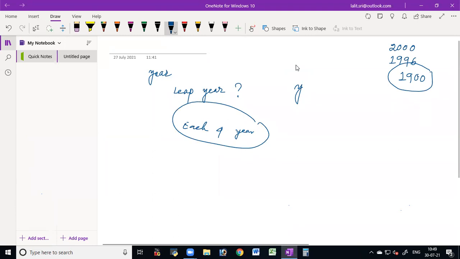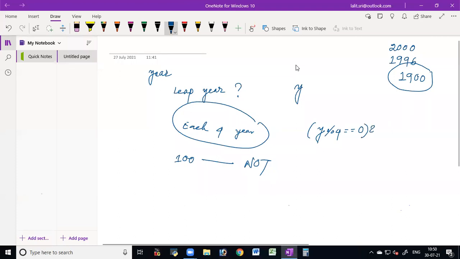But when it becomes 100 years, then it is not a leap year. So if I write, if the year is divisible by 4, that means when I divide by 4 the remainder is 0, then we can say it is a leap year.